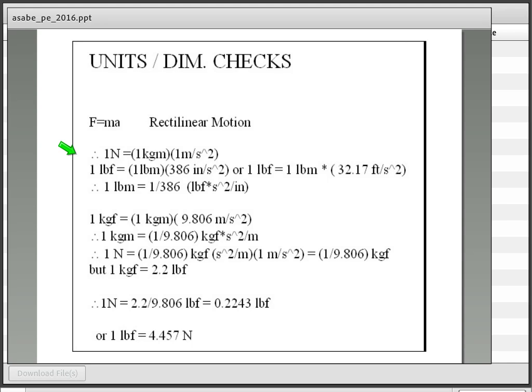And so here I've simply run through some basic definitions. 1 Newton is 1 kilogram times 1 meter per second squared. 1 pound force is 1 pound mass times the acceleration of gravity.